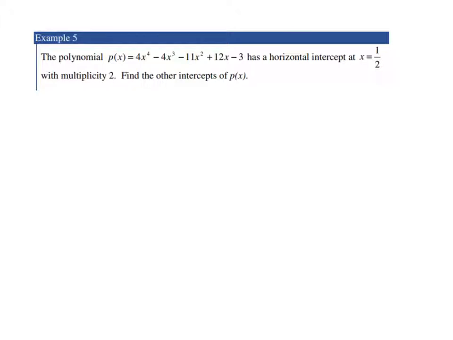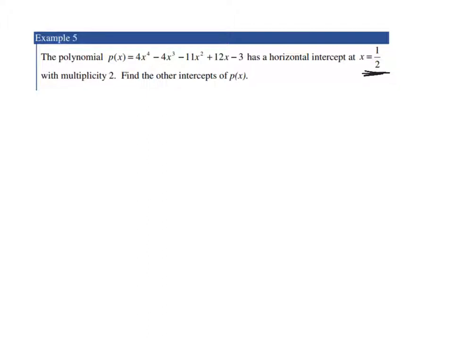So then we're going to pull that into the works here. They want us to factor this polynomial. They're telling us that x equals 1/2 is a factor, in fact it has multiplicity 2.